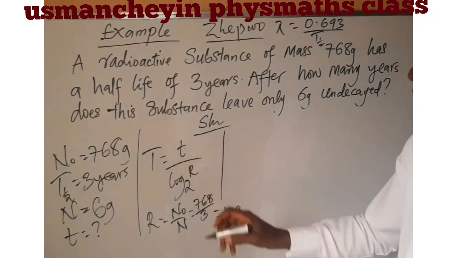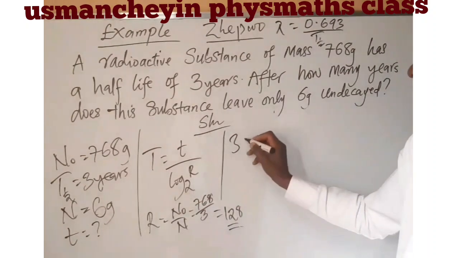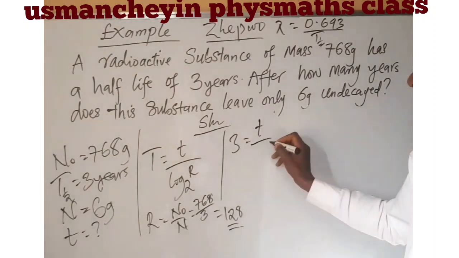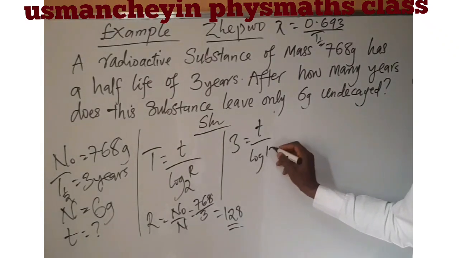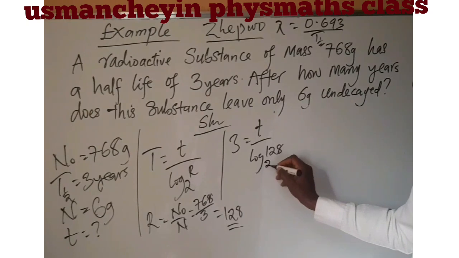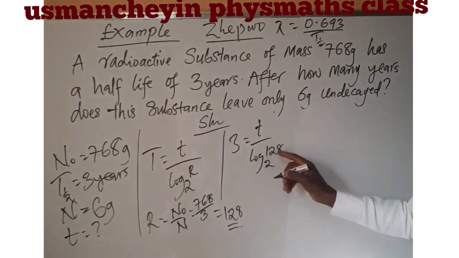When you substitute, the half-life is 3, so we have 3 equal to t over log of 128 to base 2.